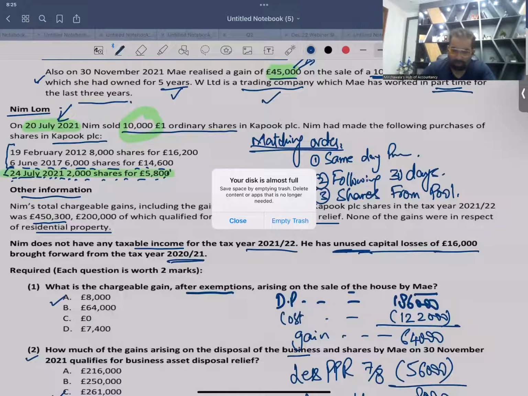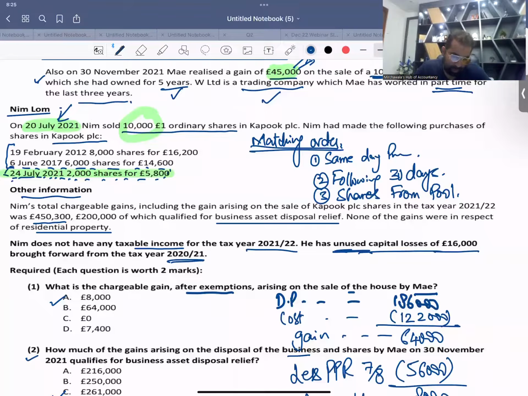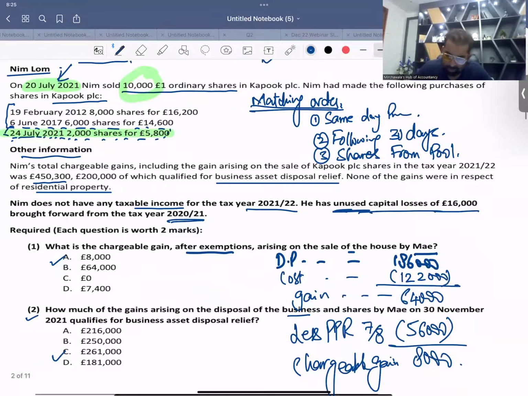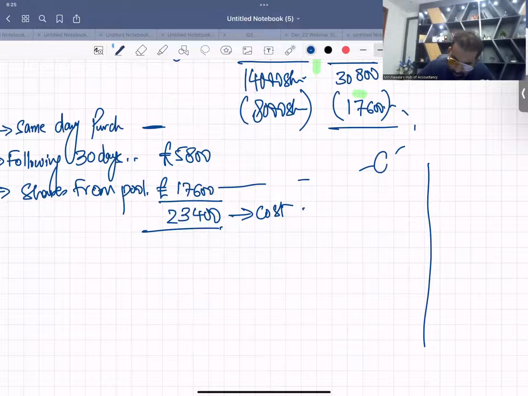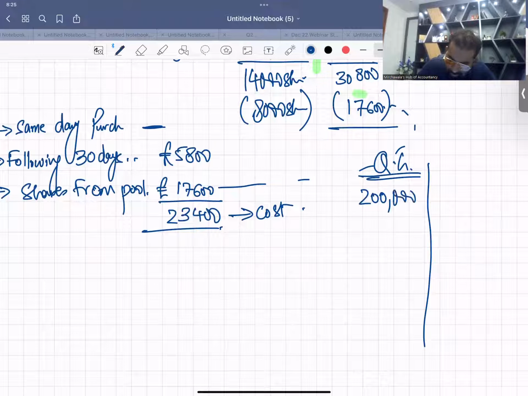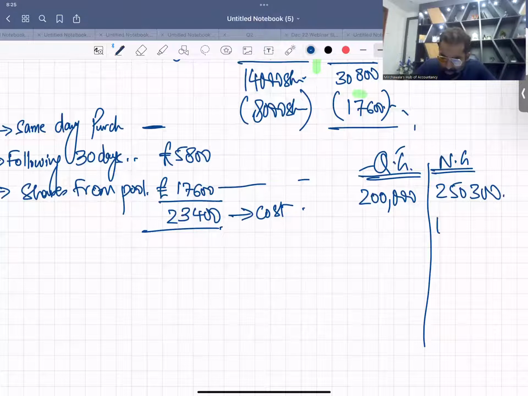So this is going to be 450,300 minus 200,000, which is 250,300 of NG, and QG is 200,000. Now, less loss brought forward of 16,000.